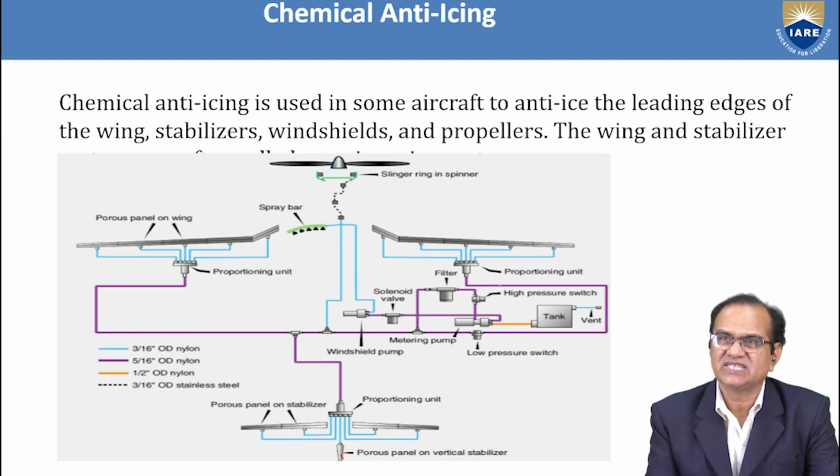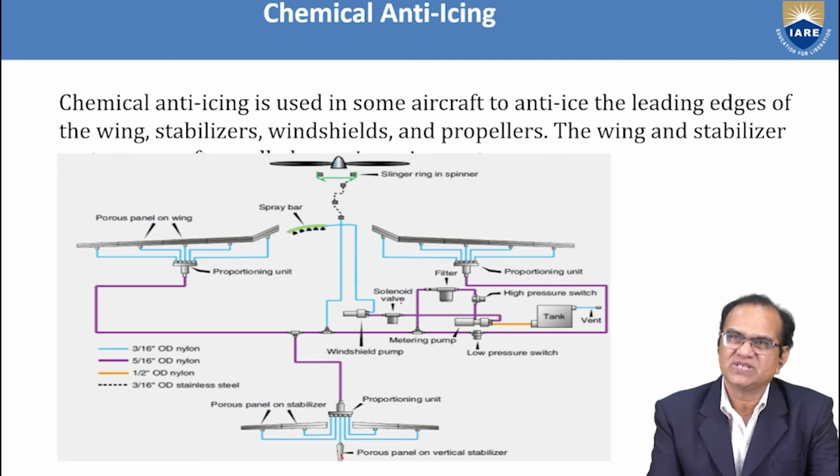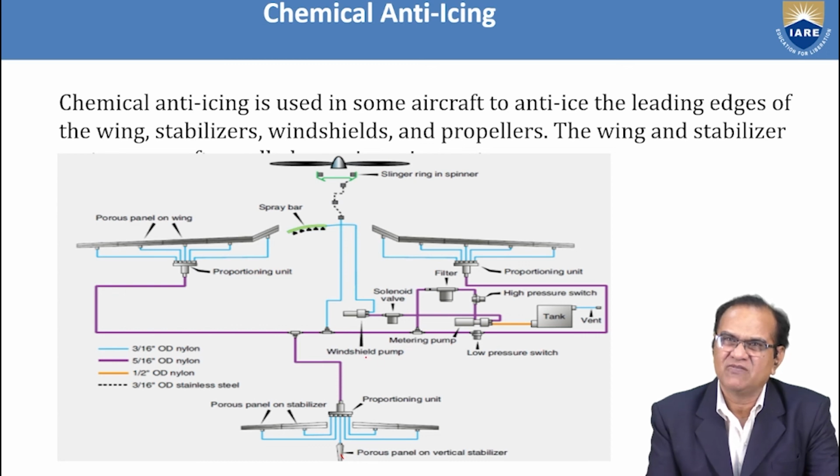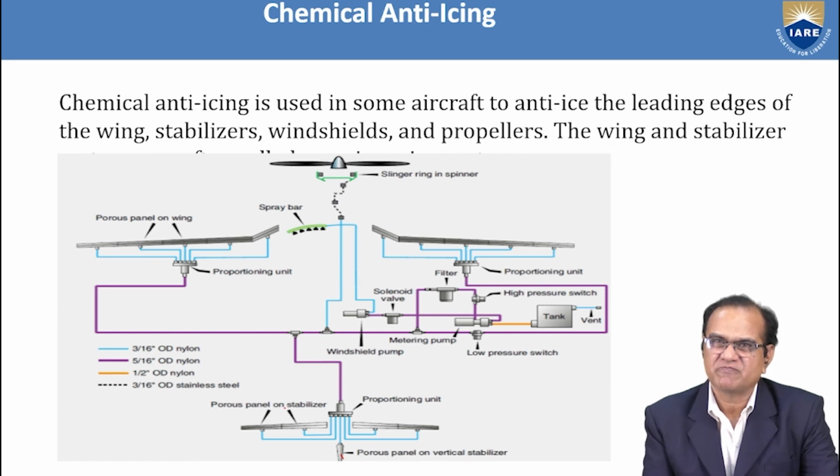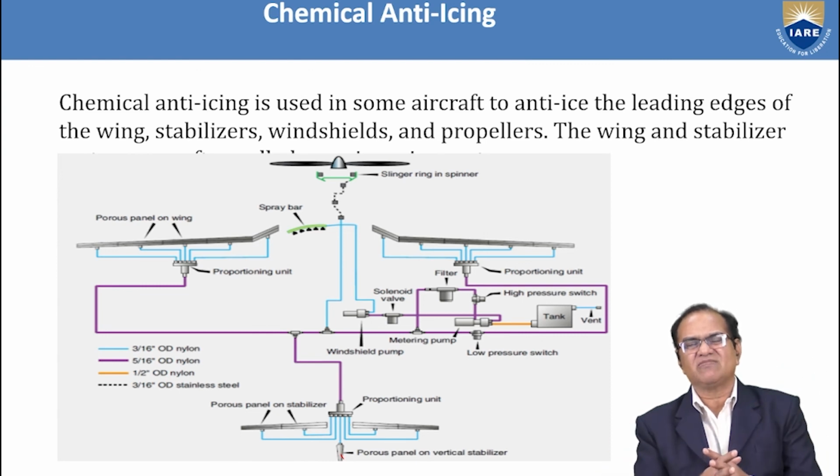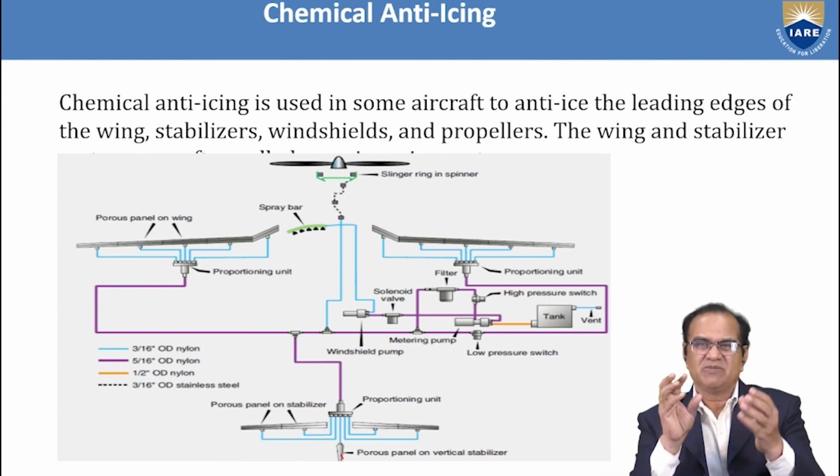Here the tank is there, high pressure switches are there, proportioning unit is there, filter is there, solenoid valve is there, low pressure switch is there, metering pump is there, wind seal pump is there, proportioning unit is there, porous panel on the stabilizer. All the horizontal and vertical stabilizers have some porous panels, means some holes are there.